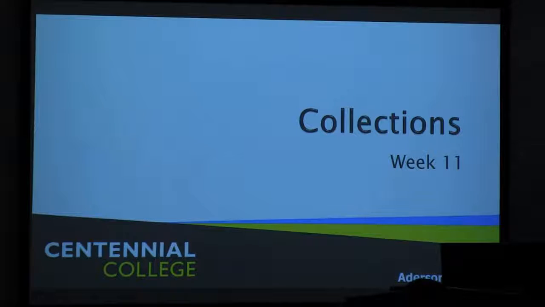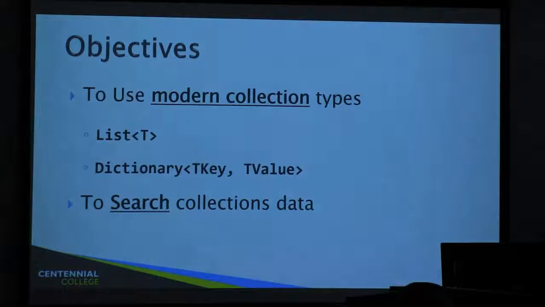So we're going to be talking about collections here. What kind of other collections have we seen before? We have seen actually one type of collection before, which was very basic, very primitive.